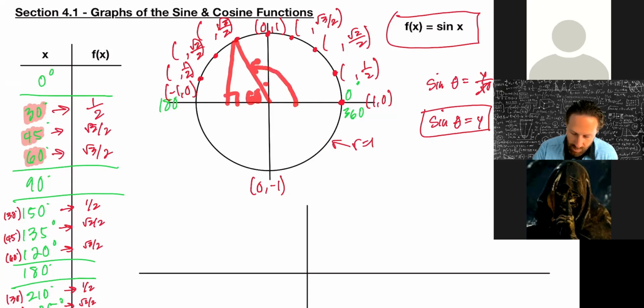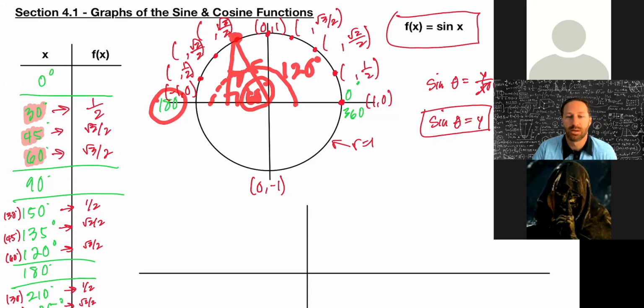Even though we actually had to rotate to get to this point, how much? Well, if this is 180 to get all the way here, we just came back how much? 60, which means we would have had to have rotated 120 degrees.